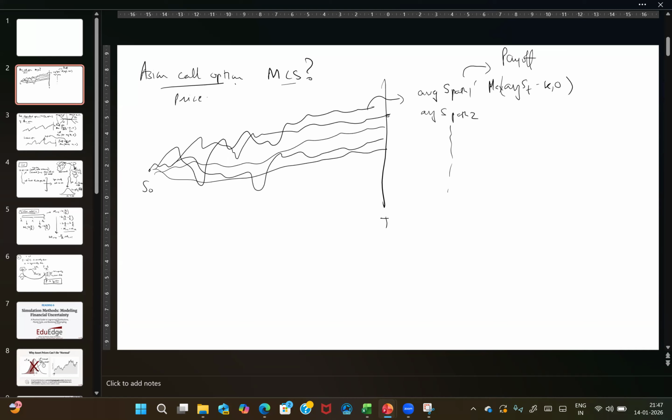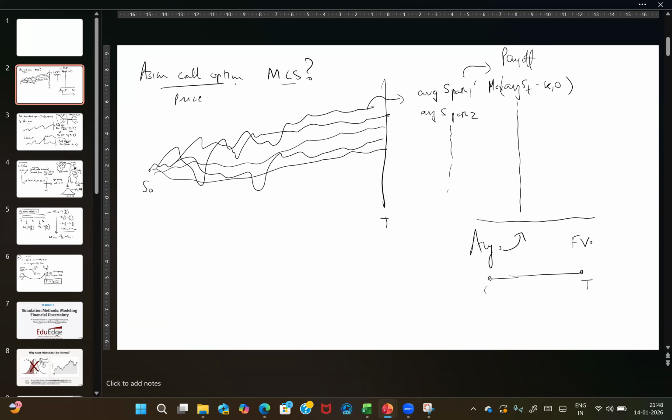Then you calculate payoffs for each of the paths. Once you have the payoffs for each path, you take the average of all these values, and that average gives you the future value of the Asian call option at maturity.